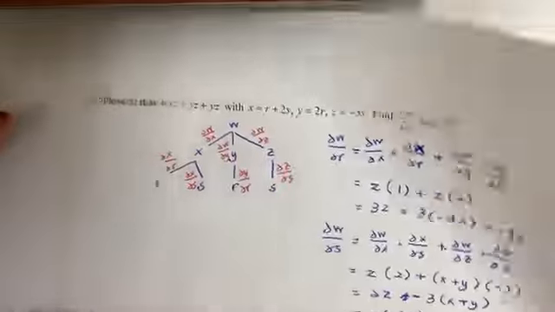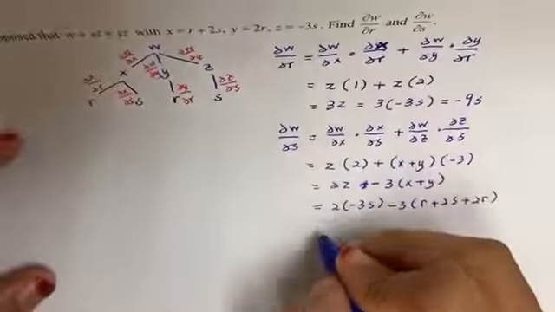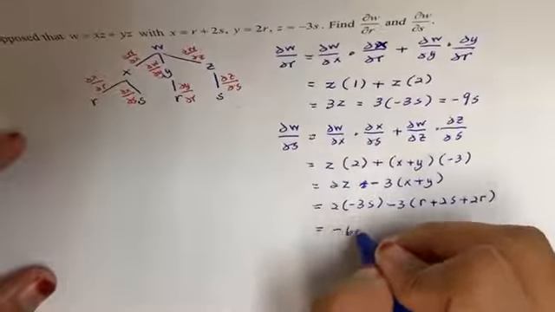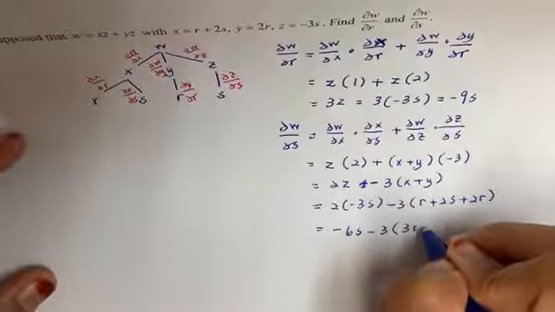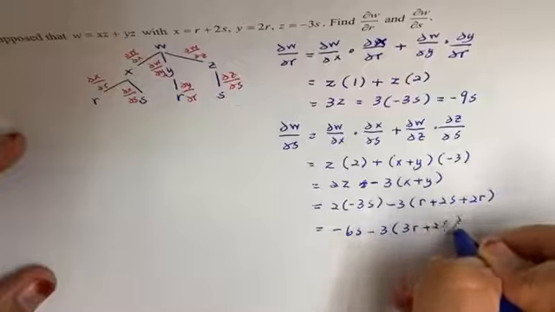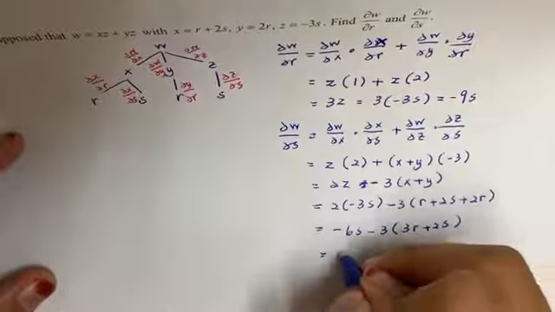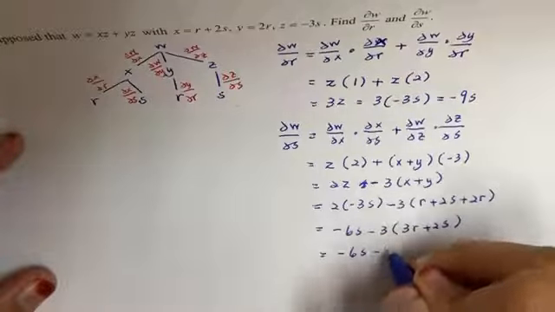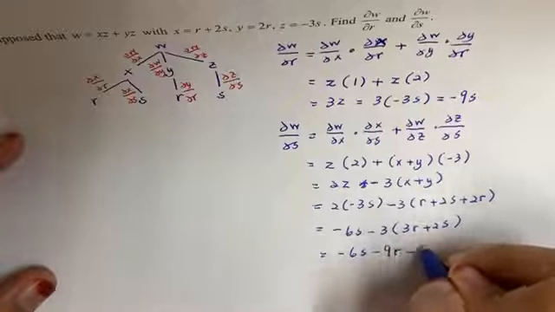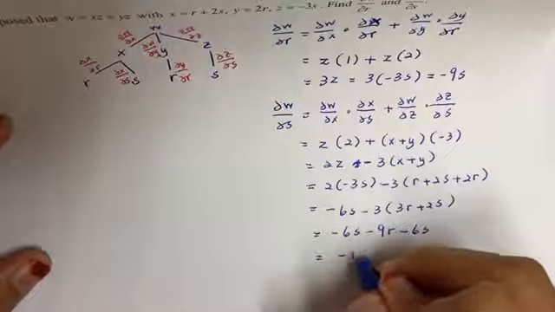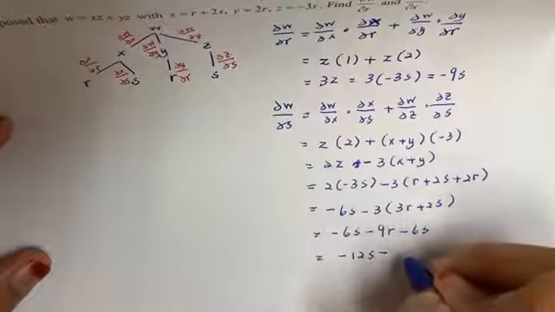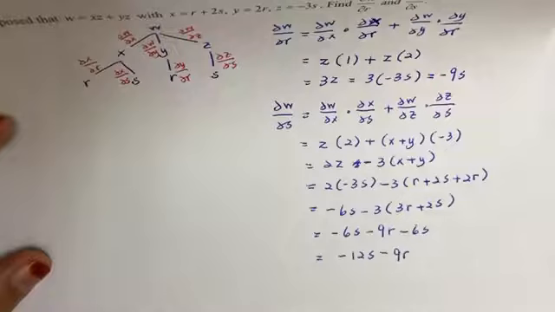Okay, so this is equal to minus 6S minus 3R plus 2S. And this is equal to minus 6S minus 9R minus 6S. So the last answer is minus 12S minus 9R.